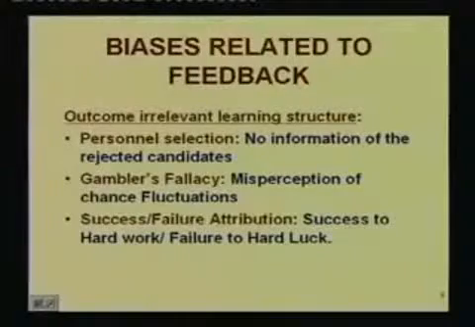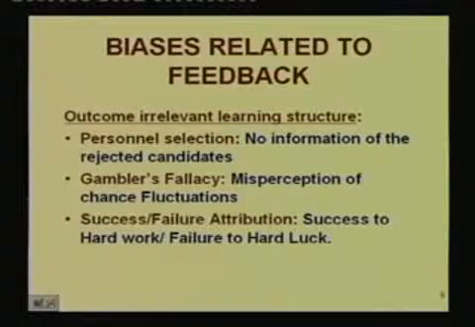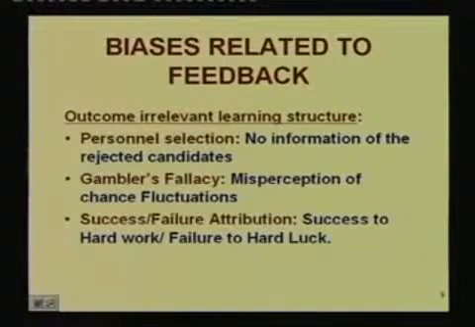But since every toss is an independent event, the 4th one can again be head or tail. There are lots of gambling games where you have to select one card out of 12.